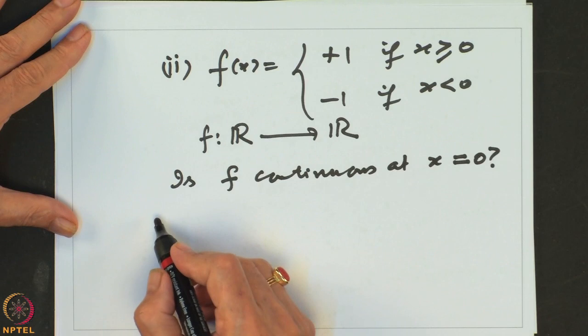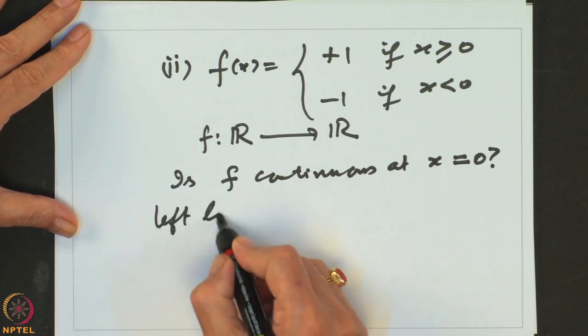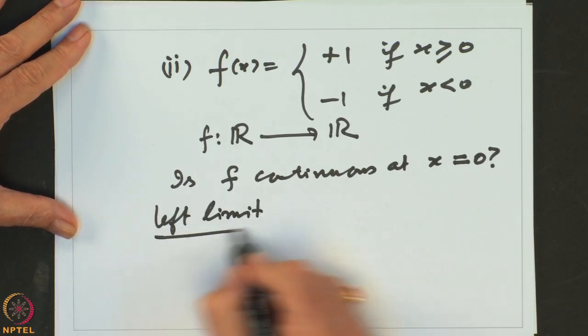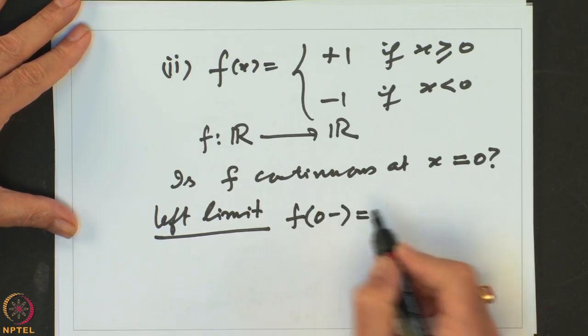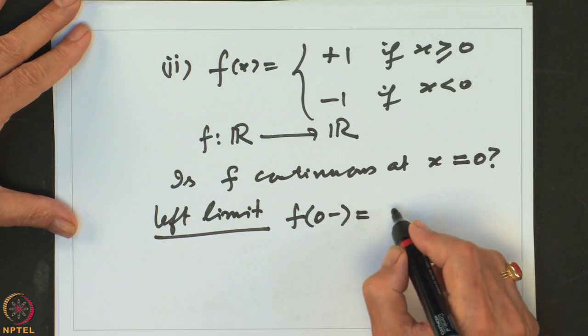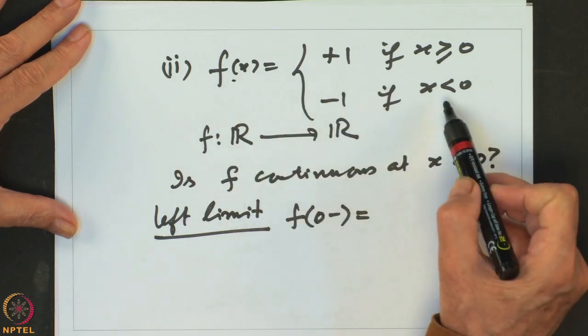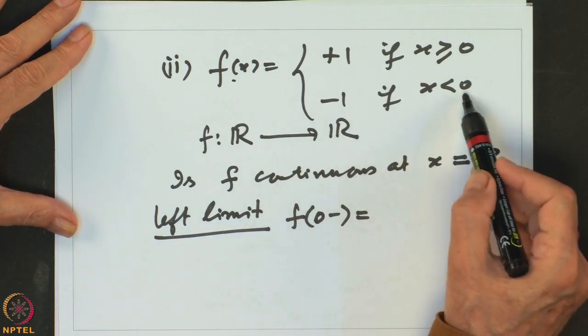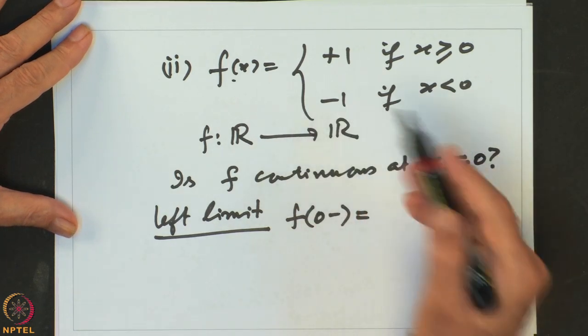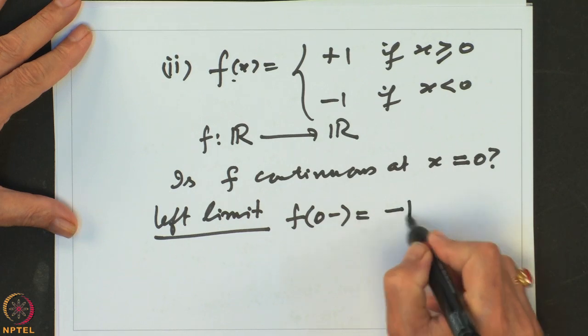Let us look at the left limit, that is f of 0 minus. If x is less than 0, then the value is minus 1. So, whatever sequence I take less than 0, f of x n will be minus 1. So, this is equal to minus 1.